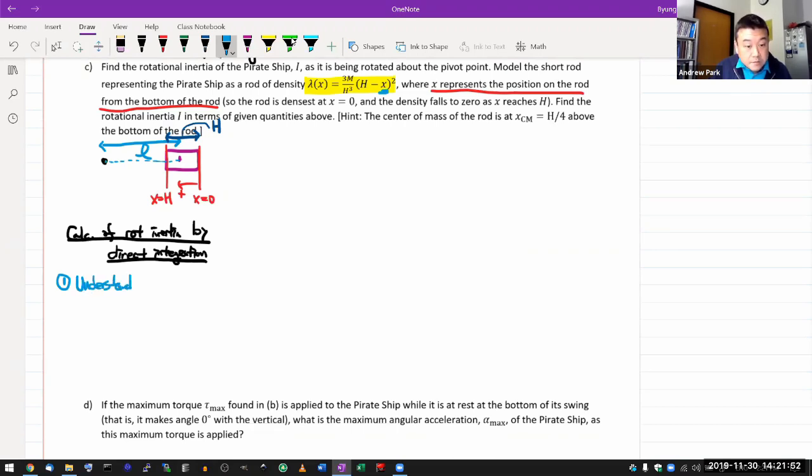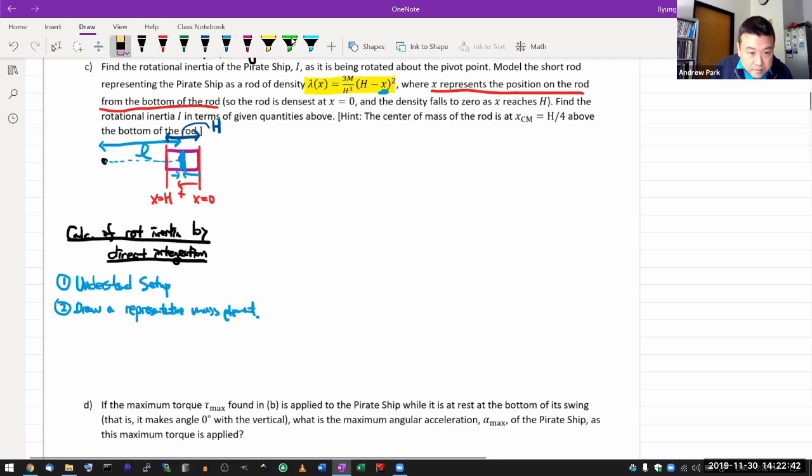And that's what I have done. And you need to do that so that you can do the second step, which is you draw a representative mass element. Because what I'm going to need to be able to do is break this up into small pieces that are small enough that each one of these pieces I can treat as a point mass. So this is a representative element that has some infinitesimal size.